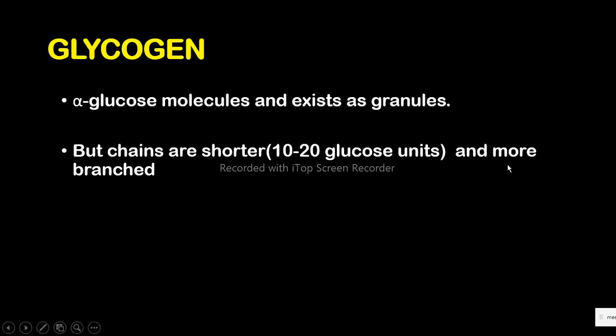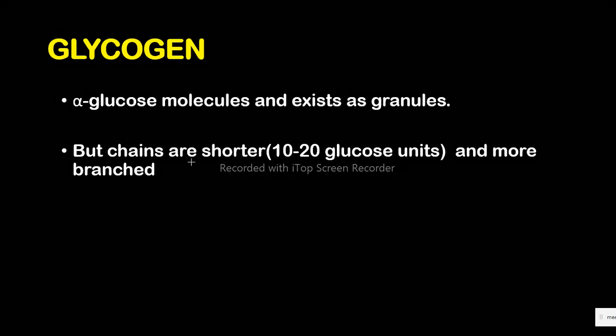I'm going to show you, have no worries. Now the chains in glycogen are not as long as those in starch. They range from 1 to 20 glucose units. And glycogen is highly branched, unlike starch.